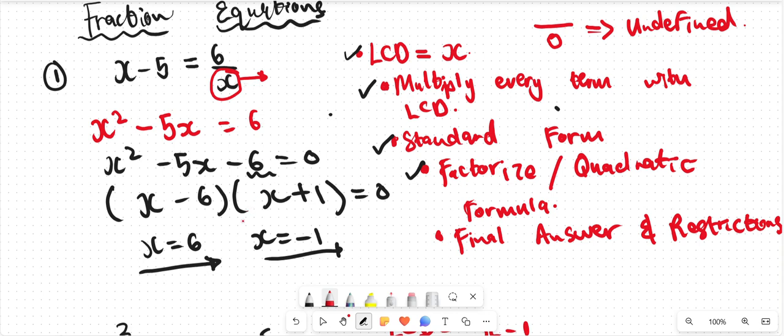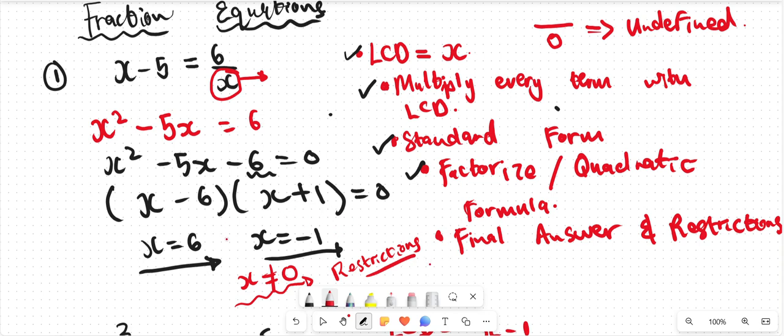So in this case, if x was equal to 0, then this equation would not even make sense. It would be undefined, so I couldn't even solve it. So I need to put this restriction that x can never be equal to 0. This is my restriction down here. If it was equal to 0, this would not make sense, so I need to put my restriction there.